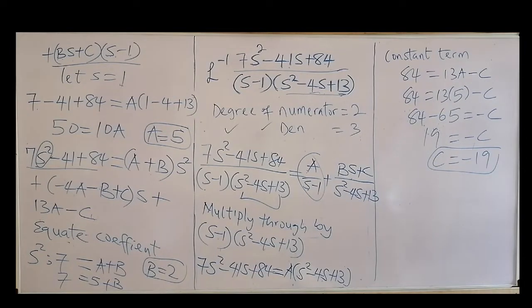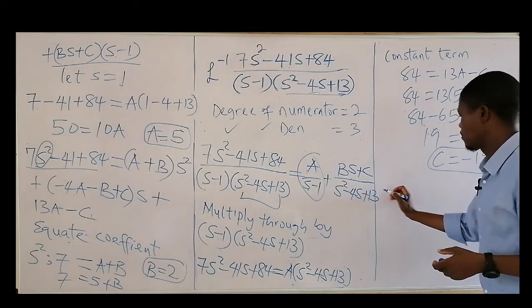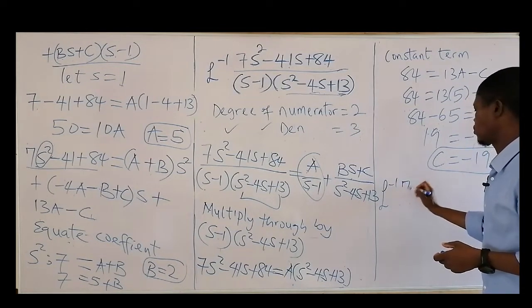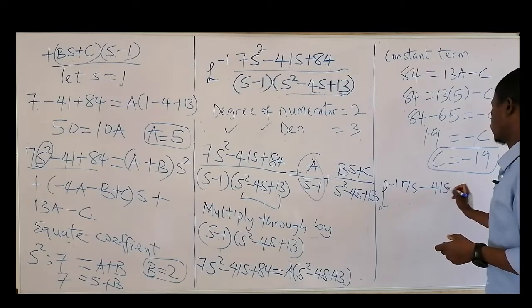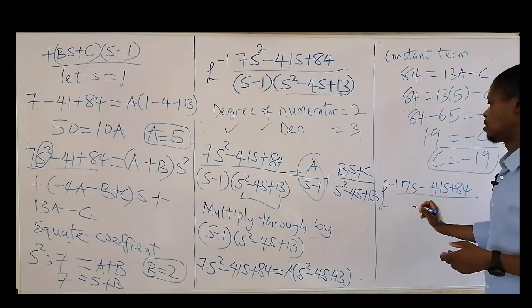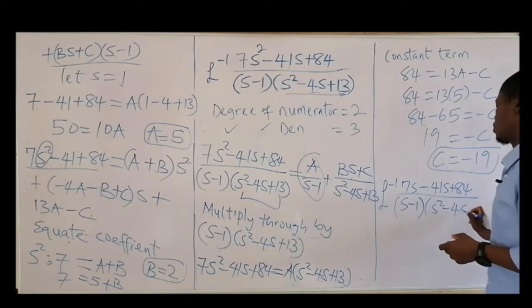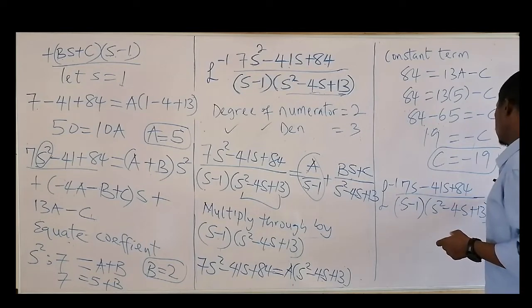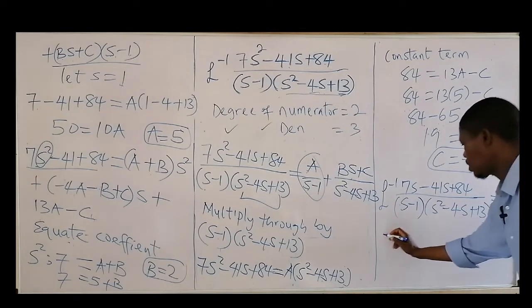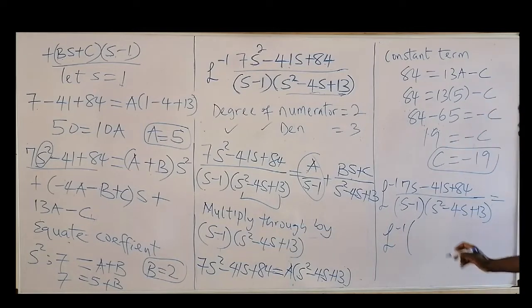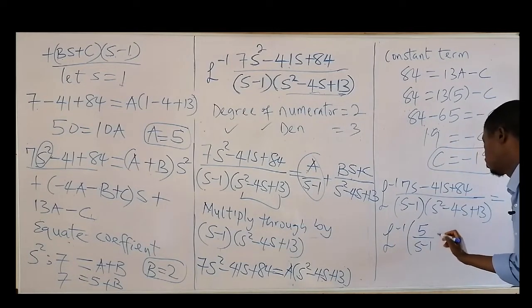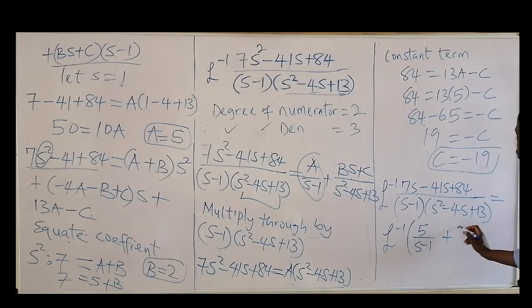Then the next thing to do, we can now go back here. The inverse of 7x squared minus 41x plus 84 all over x minus 1 times x squared minus 4x plus 13 equals inverse of 5 over x minus 1, plus 2x minus 19 all over x squared minus 4x plus 13.